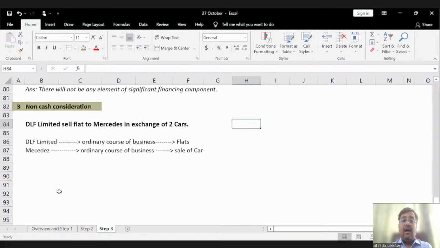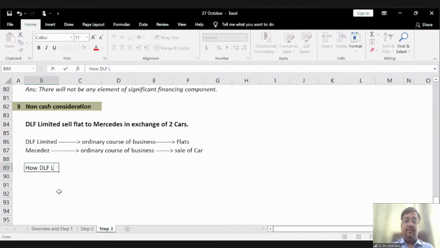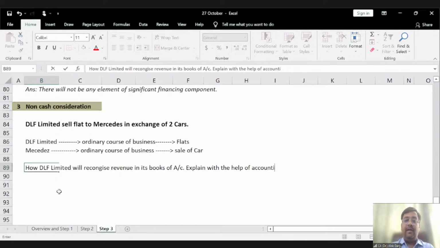Now tell me how DLF Limited will recognize revenue in its books of accounts. Explain with the help of accounting entries as well.